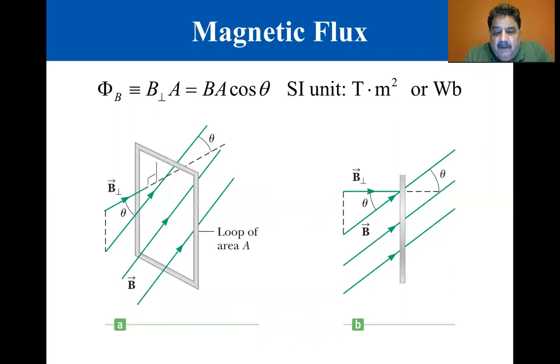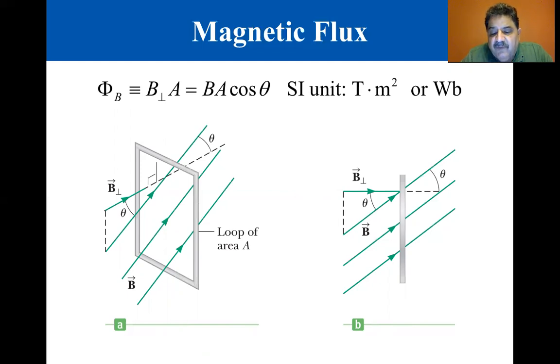Okay. The physical quantity associated with magnetism that creates an electric field is a changing magnetic flux. We define magnetic flux the same way as electric flux. It is proportional to the strength of the magnetic field passing through the plane of a loop of wire and the area of the loop.